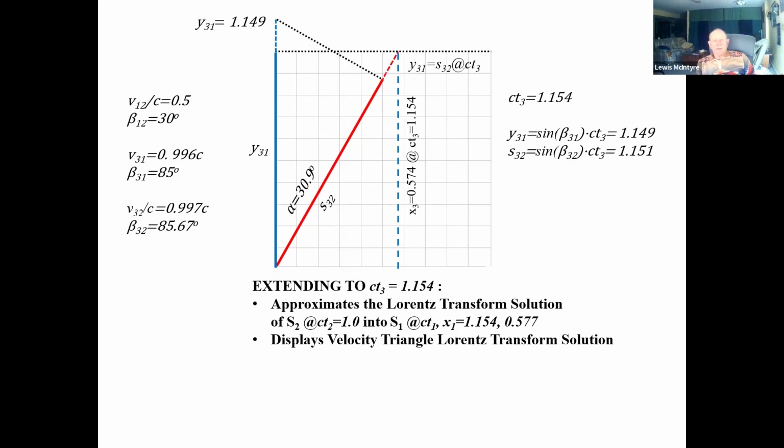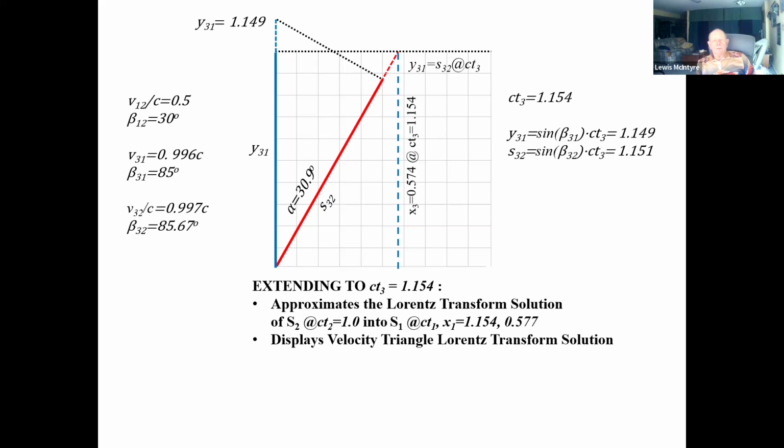Now we advance time CT3 to 1.154 and project S32 at CT3 equal to 1 to intercept the Y3 axis at 1.149 as 1 over the cosine of alpha.